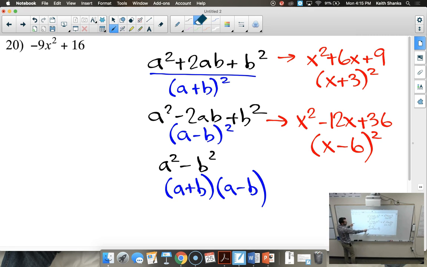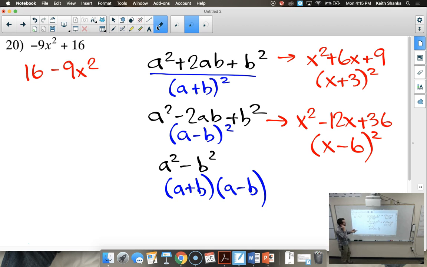To make this look a little bit more like this, you actually have 16 minus 9x squared. I'm going to write it a little differently, just so it looks more like this. But notice, perfect squares. So what's the square root? Basically, just so we're clear on it, this is going to be my a, and this is going to be my b.